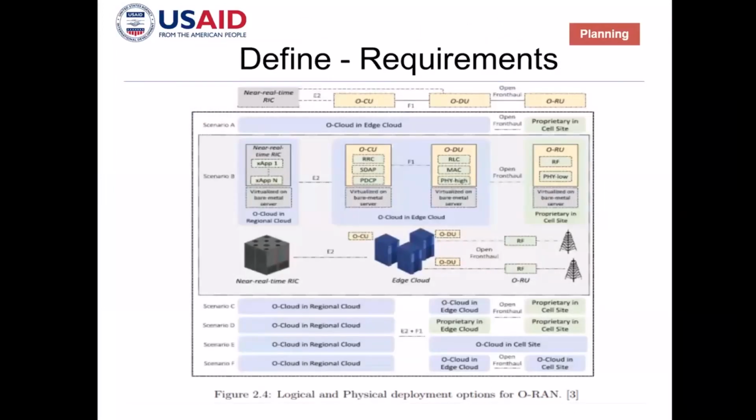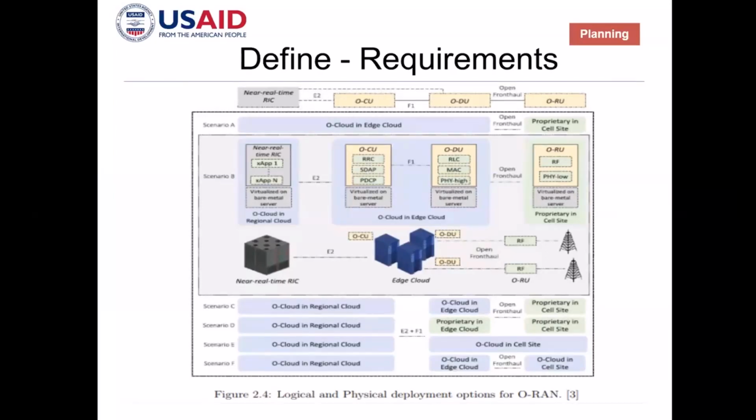So as I mentioned, I'm putting emphasis on the requirements because the initiation, or the planning, would not be accurate if you have not clearly defined your requirements. So as you can see here, I've shown a diagram again of the architecture of your ORAN network. And there are so many things that you will have to list down, right?